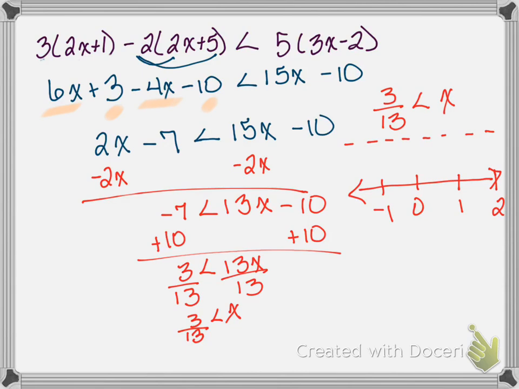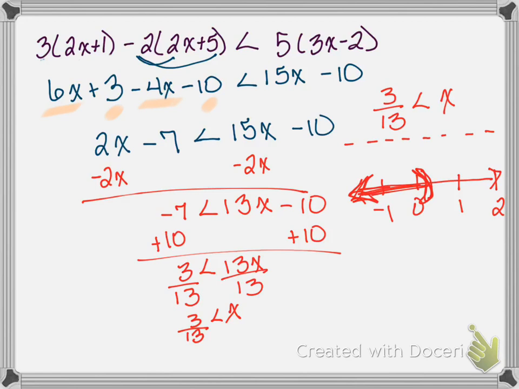You look and you've got that less than sign. So you put a parenthesis right here. And because you see the less than sign, you go this way. That's the first mistake. This is not the correct answer. But the reason that we think it's the correct answer is because we have the less than sign in 3 over 13 is less than x.